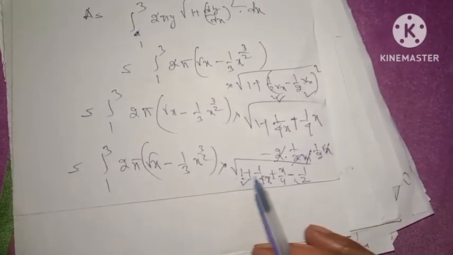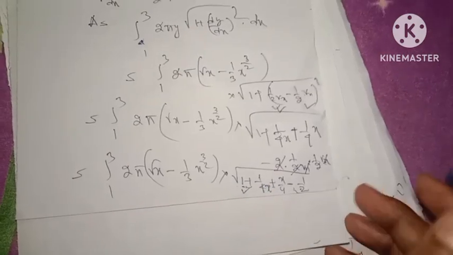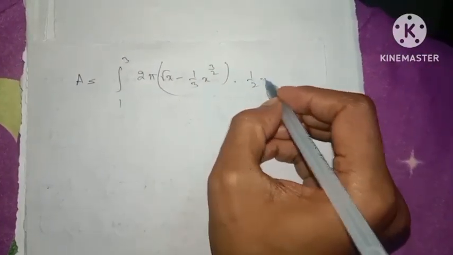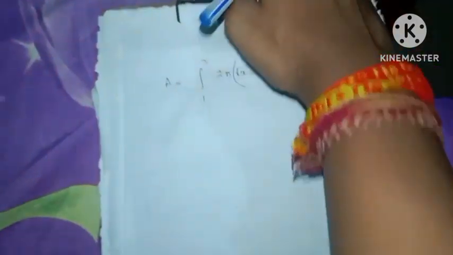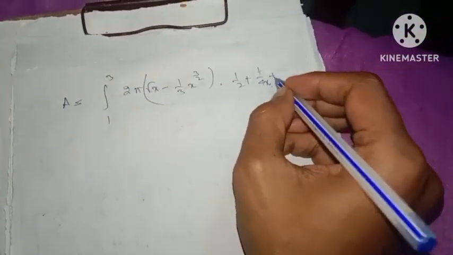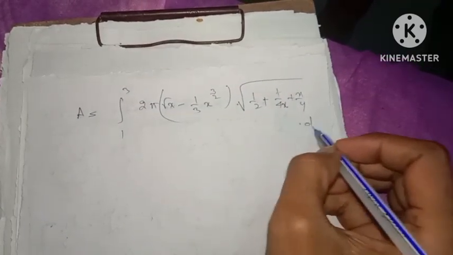When you subtract them, 1 and minus half will be half, then half plus 1 by 4x plus x by 4, under the root, dx.